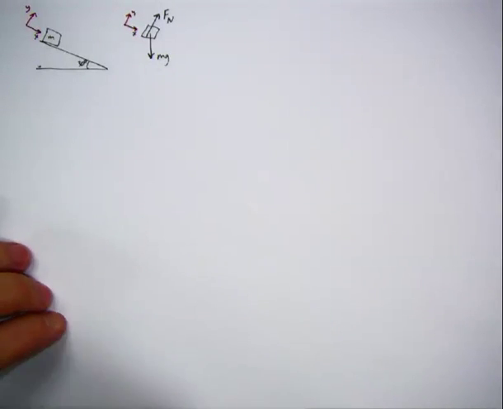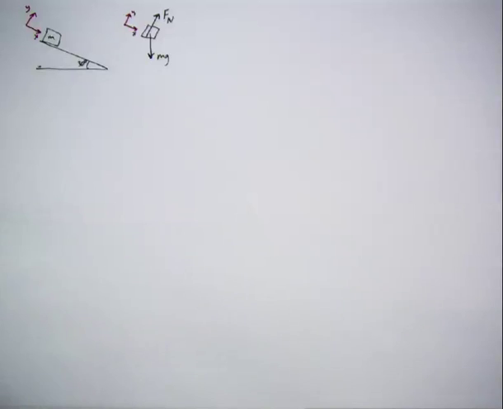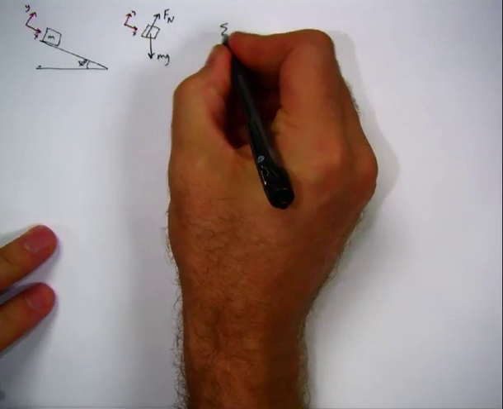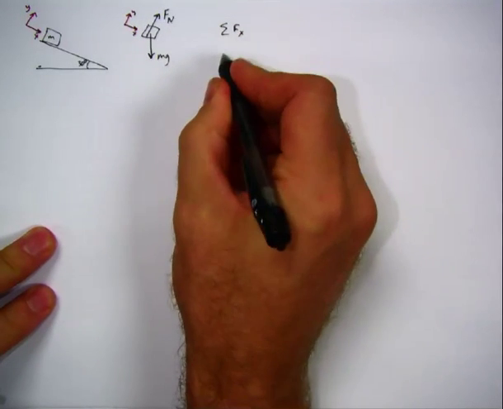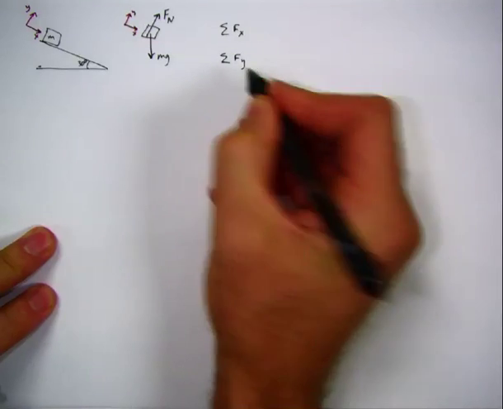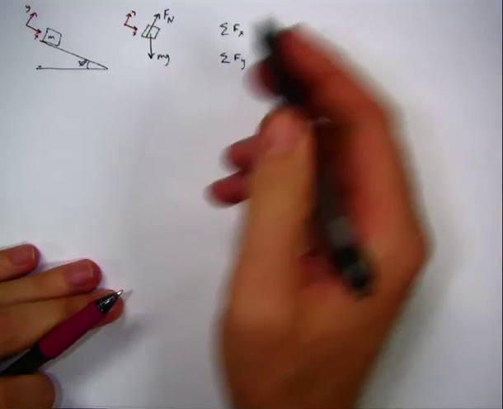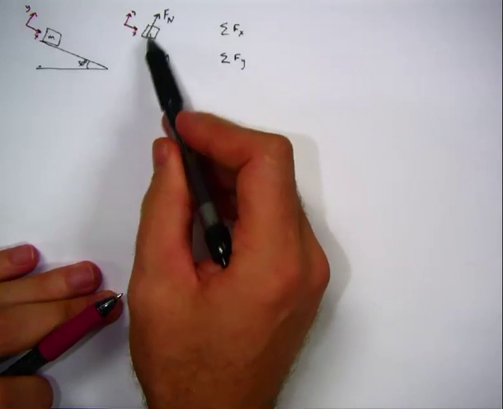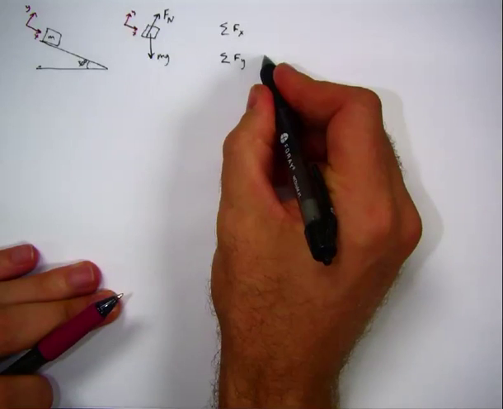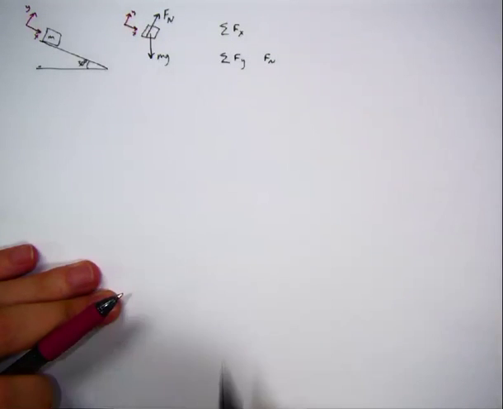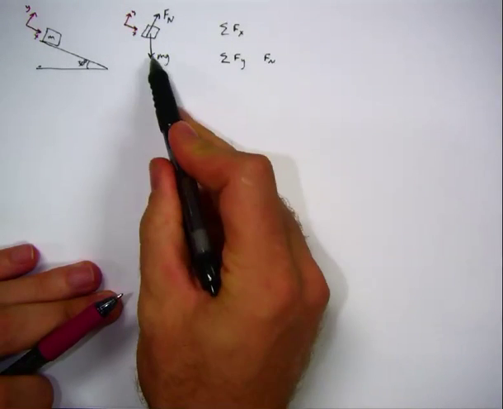Now we need to write down our equations of motion. So the sum of the forces in the x direction and the sum of the forces in the y direction. Like I said, this Fn is obviously in the y direction, so we're going to have Fn positive here. But this mg gives us problems.